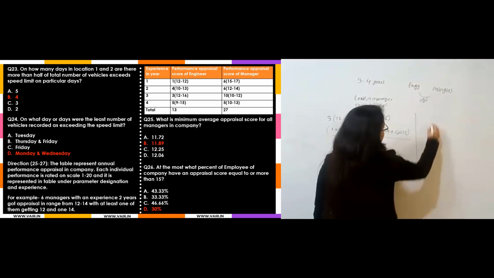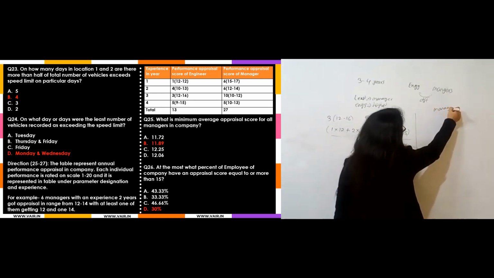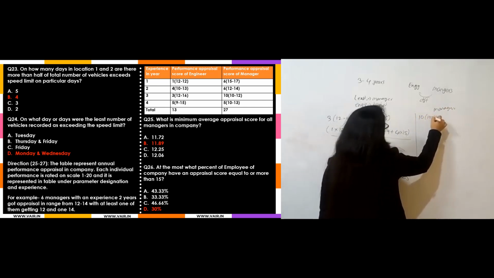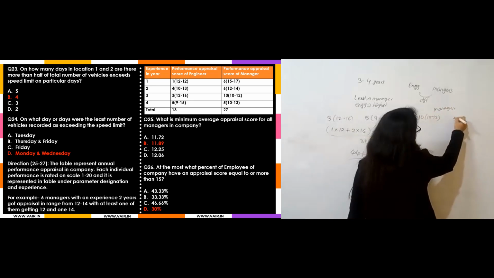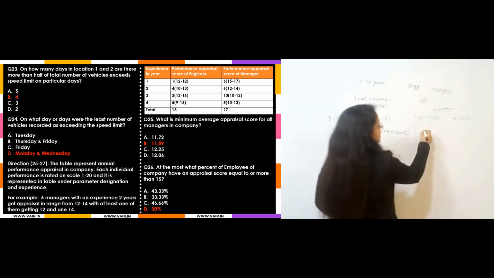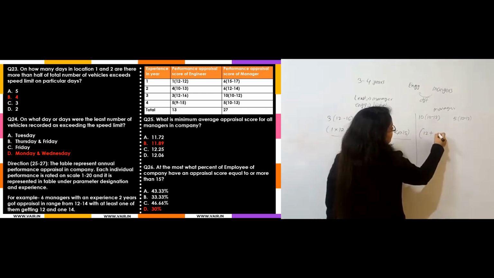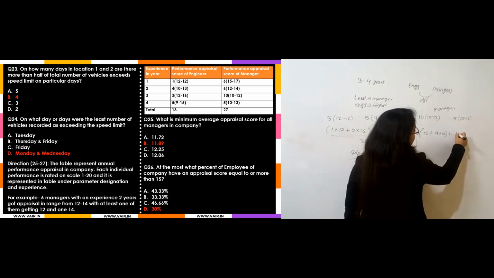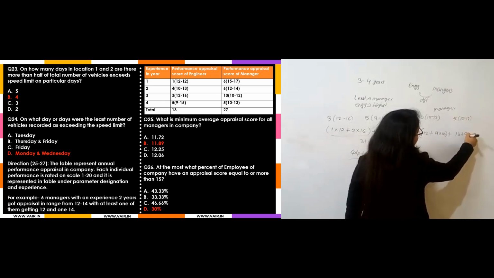Now what about the managers? For the manager, I will take the least one, which was 10 to 12 for 3 years and 10 to 13 for 4 years. Least one means at least one member should get 12 and the remaining 9 will get 10, plus one member will get 13 and the remaining 4 will get 10.